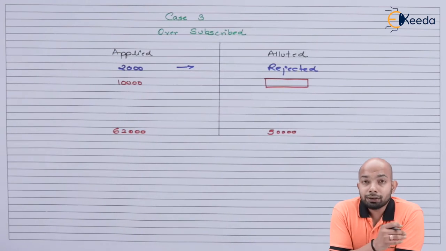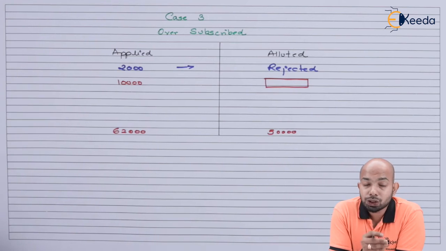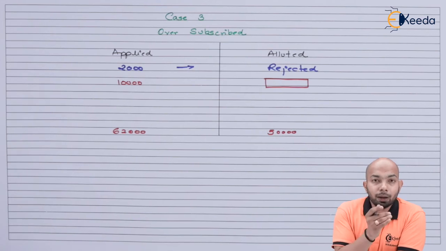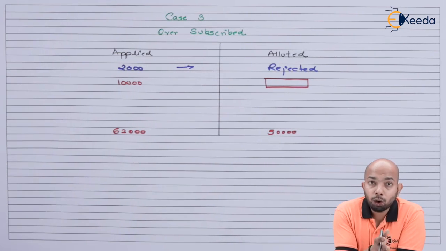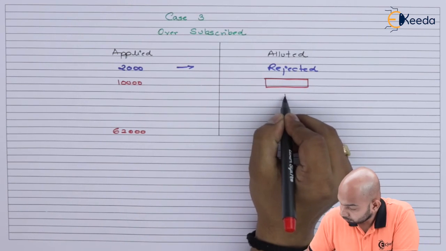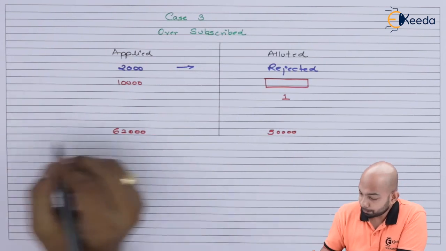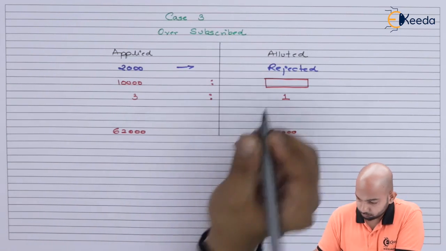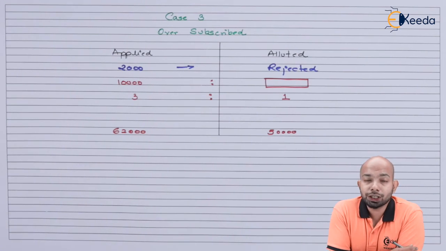So the ratio that we have taken into consideration is that if there are 10,000 shares applied, we don't know how many shares have been allotted, but in comparison to that, they have given the ratio. That means 1 share was allotted for every 3 shares that have been applied. So now it is easy for us to figure out how many shares are there here.